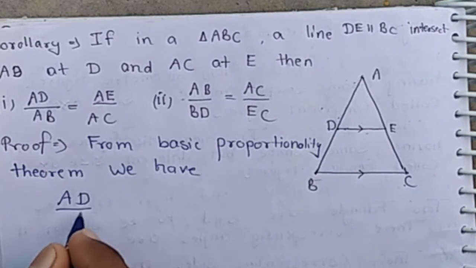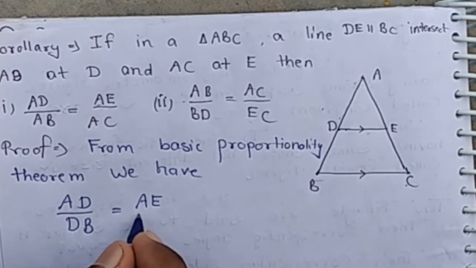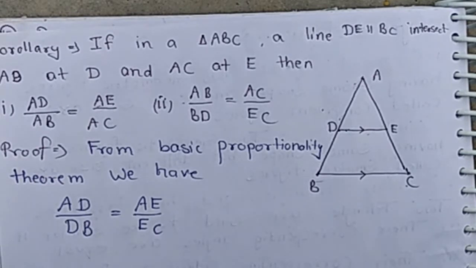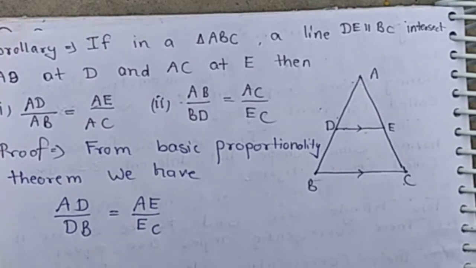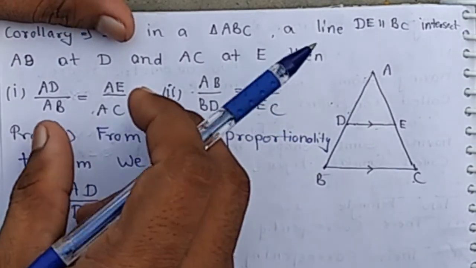Means AD by DB is equal to AE by EC when DE is parallel to BC. Now we have to prove these two terms.